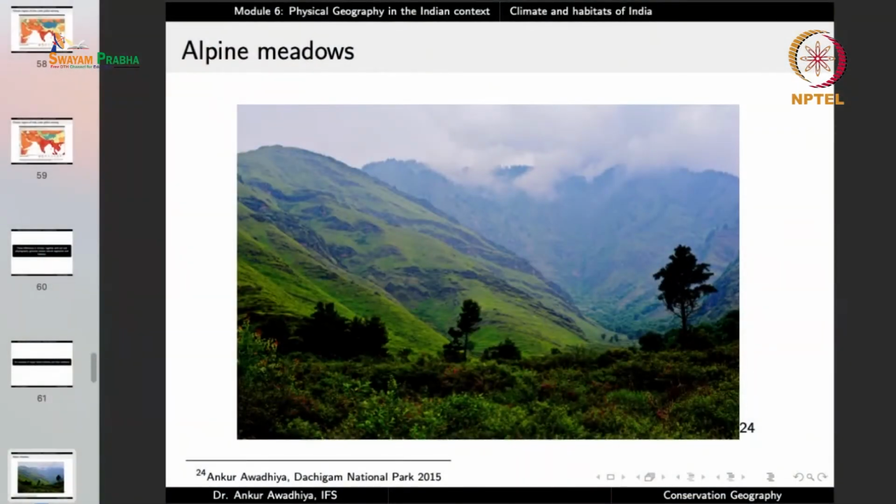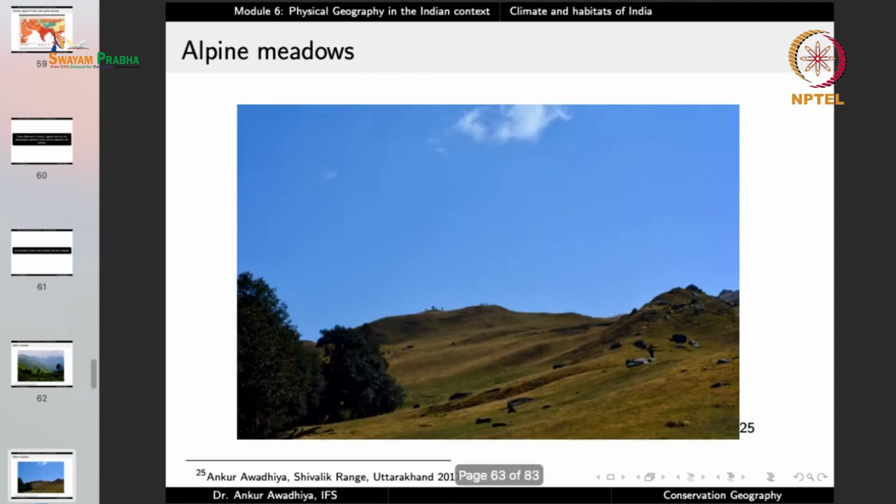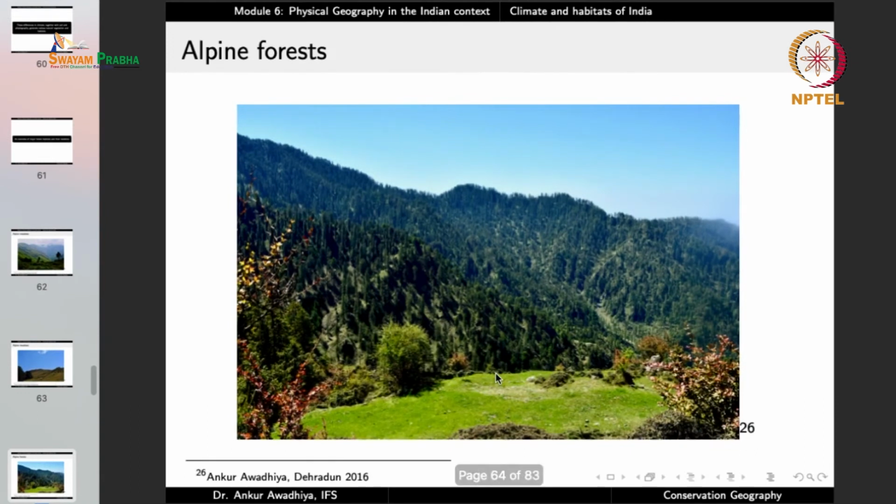Next we have the alpine forests. Now alpine forests also are cold areas, but we find trees here. And the majority of the trees will be coniferous trees because these are very cold areas, and when there is snowfall, then the snow, if it is retained on top of the tree, then it can damage the tree because of its weight.